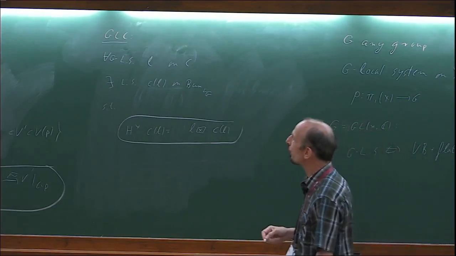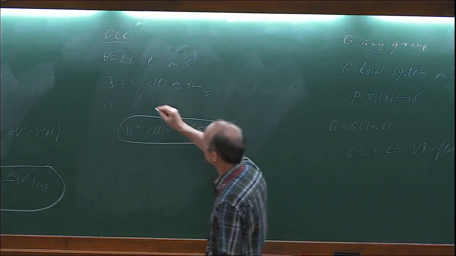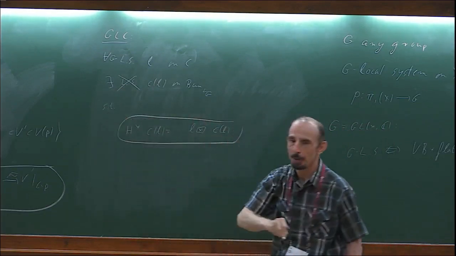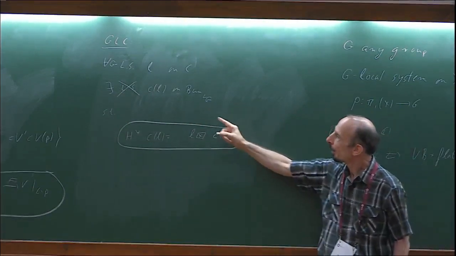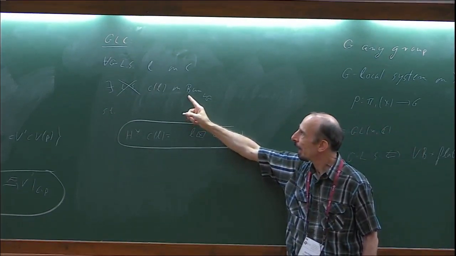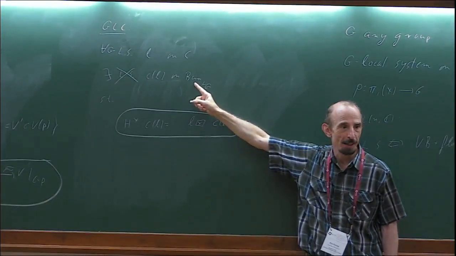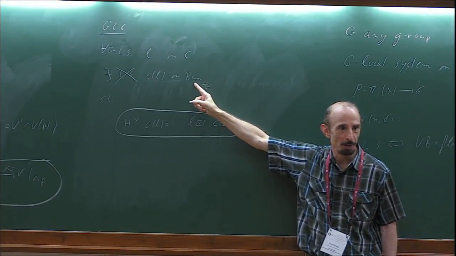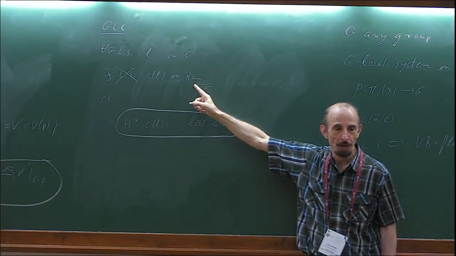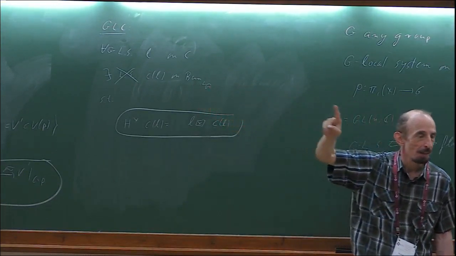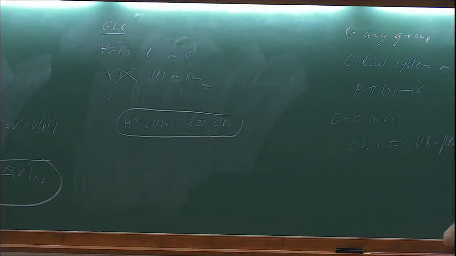The other issue is that this is not going to be a local system. A little bit of the problem is the difference between the stack and the moduli space. A related issue is the fact that the moduli space tends to be singular. There are bundles that have automorphisms or cohomology jumps.